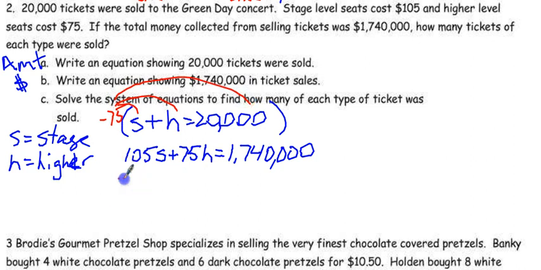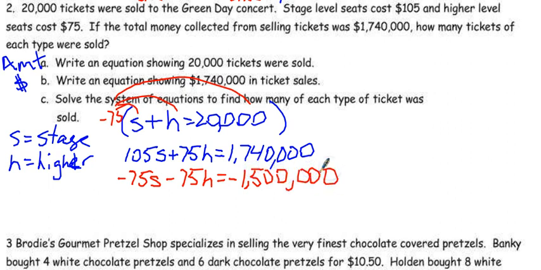So negative 75 times S is negative 75S minus 75H equals, and if I multiply 20,000 times negative 75 in my calculator, I will get negative 1,500,000. So big number.